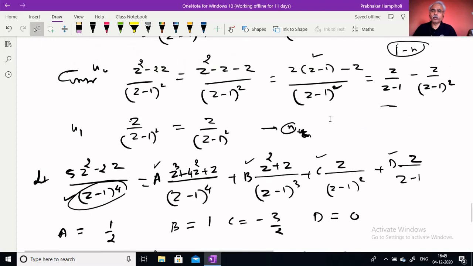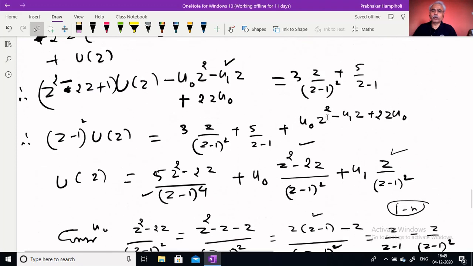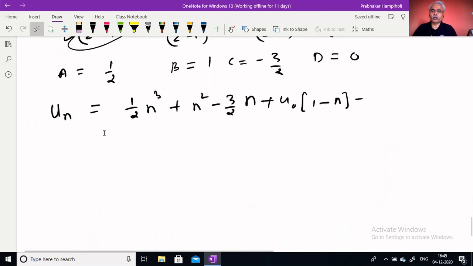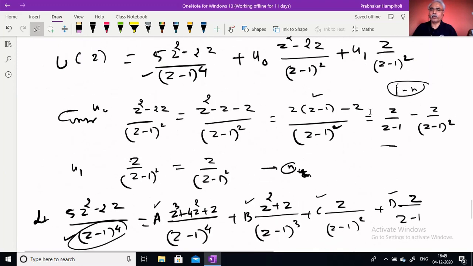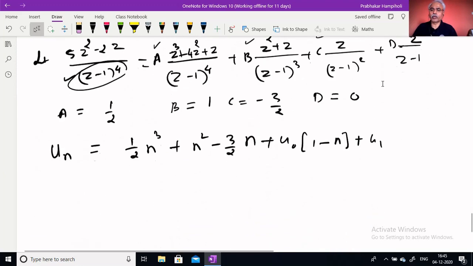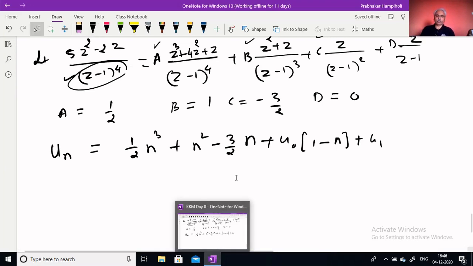And plus u1 into, you can very easily recognize what the u1 term is here: z by z minus 1 whole square is n. So if the conditions are not given, this becomes the final answer.